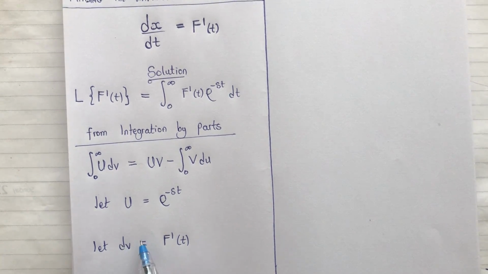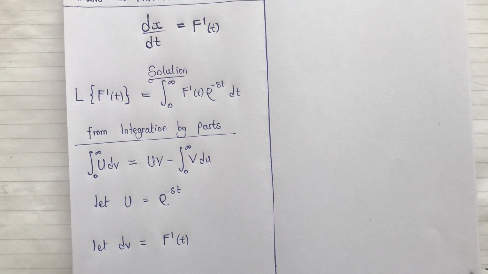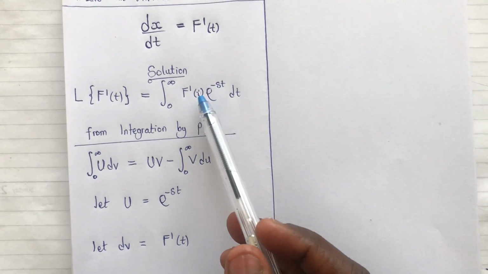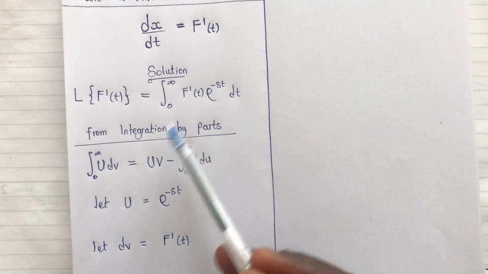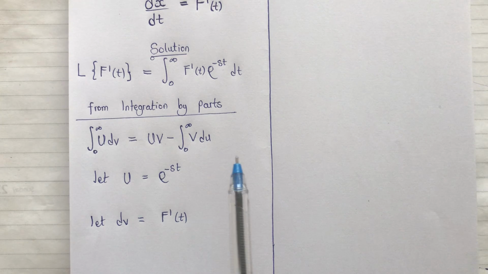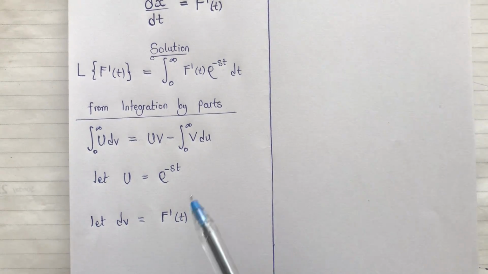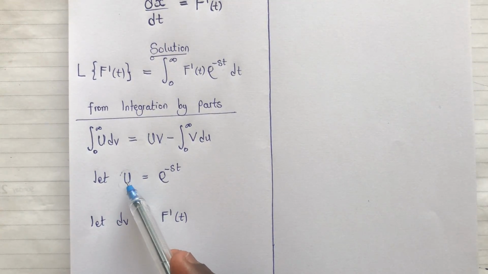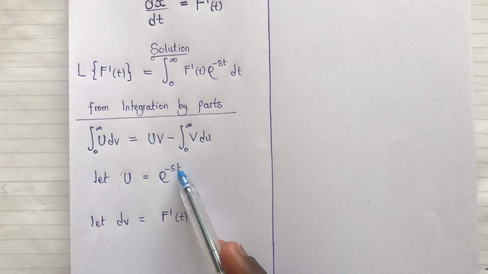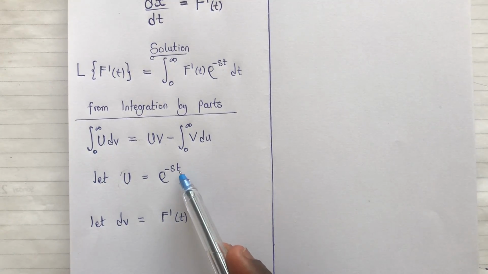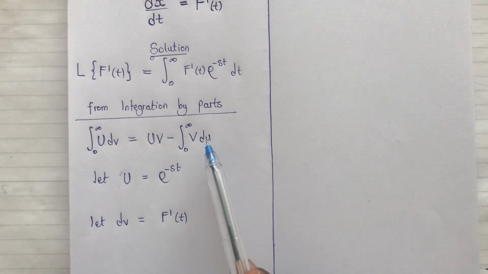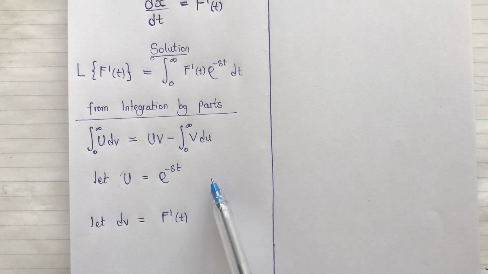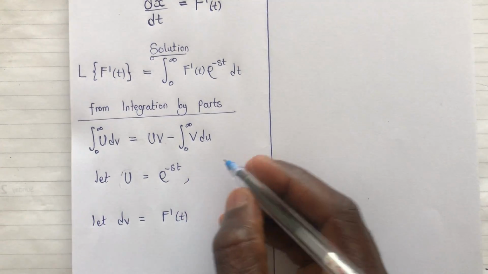It doesn't mean this is how you go about it every time. You can just choose the first function to be this, the second function to be that. Now, what is our next step? Your next step is to differentiate the function u to generate du dt, because we do not have the du function, so we need that. So let's do it here.